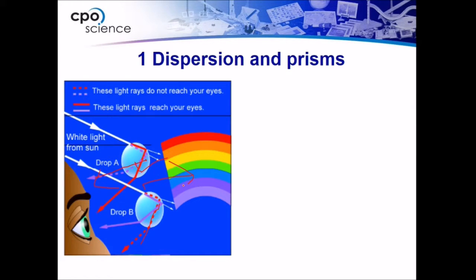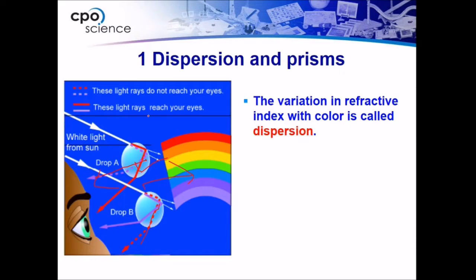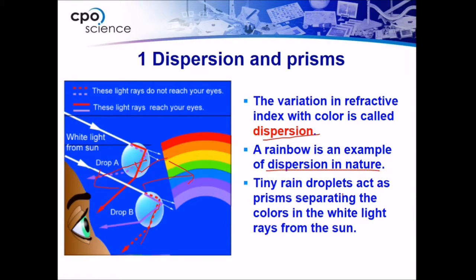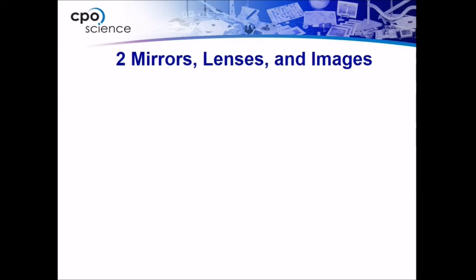You will be able to see this refractive phenomenon. The variation in refractive index with color is called dispersion. A rainbow is an example of dispersion in nature. The tiny rain droplets act as a prism, separating the colors in the white light rays from the sun.